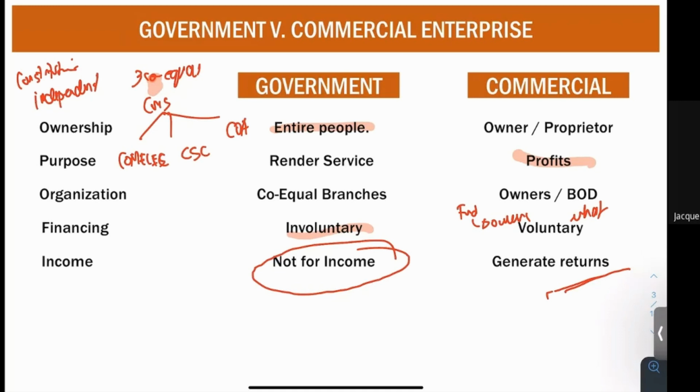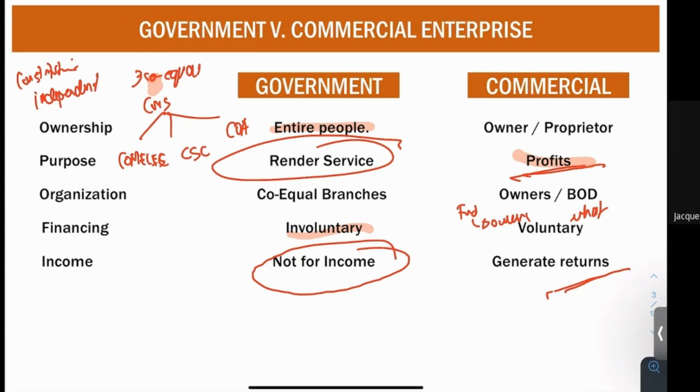We focus on the rendering of service as the purpose of the government, while for commercial, it is for profits. Okay? No profits for government. If there are certain fees collected by the government as a license, those are merely incidental and not the primary purpose. The primary purpose is to render service.